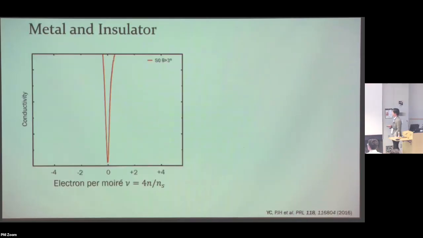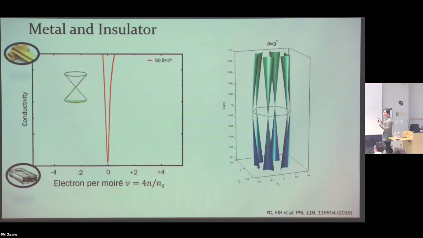Okay. So now experimentally, what do we see when you actually study one of these twisted bilayer graphene samples? This is based on some work I did very early on in my PhD. When you have two layers of graphene twisted at a large angle, let's say larger than 3 degrees, you're seeing two sets of cones, and when you scan your Fermi energy through it, you see this big V-shaped curve.